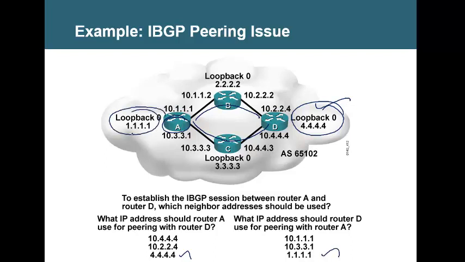What is that? If this path goes down, these networks may disappear, but you will still have the neighbor, because your neighbor is 1.1.1.1, which is reachable via this other path.